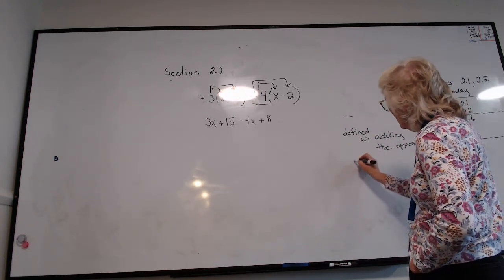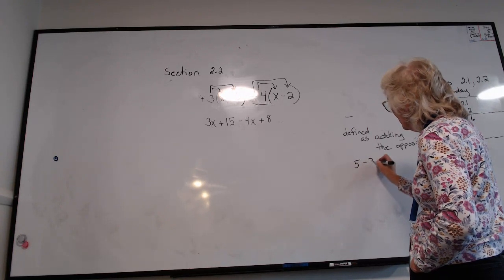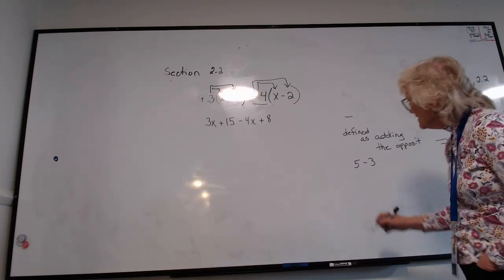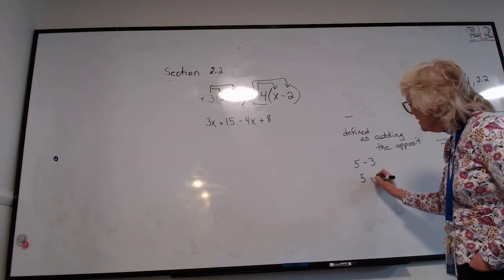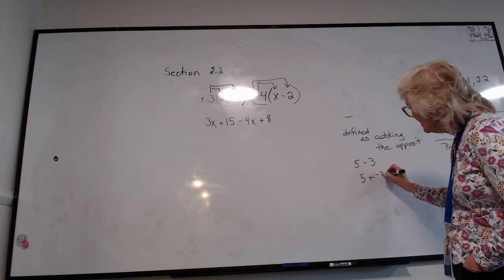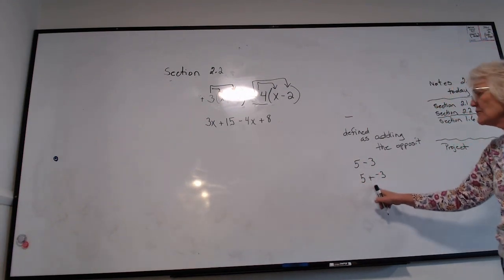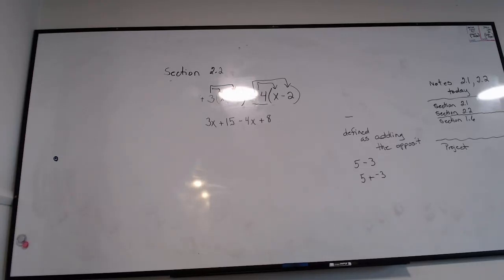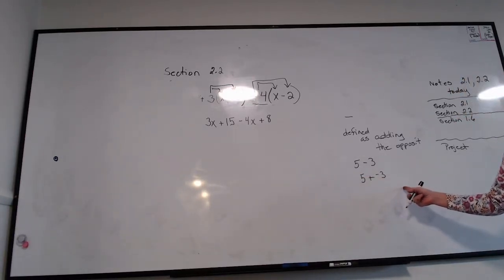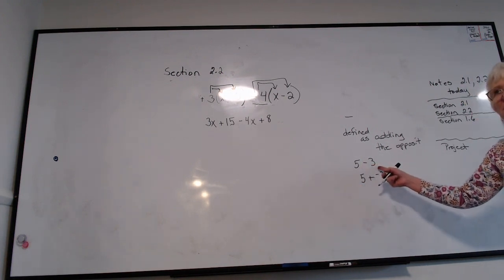So if I say 5 minus 3, we can redefine that as 5 plus the opposite of 3, which is -3. Look at what that means. It's the same thing. So I don't want to write this out, I just want to do 5 minus 3.